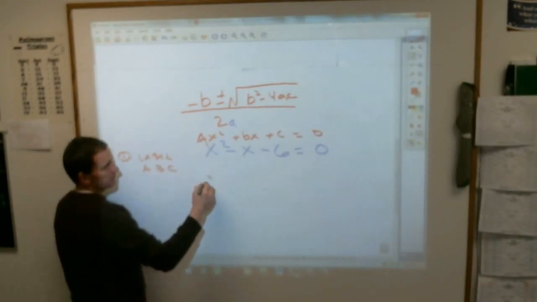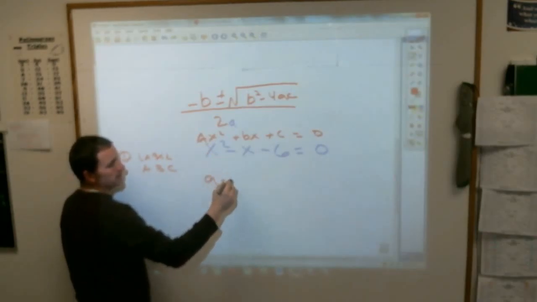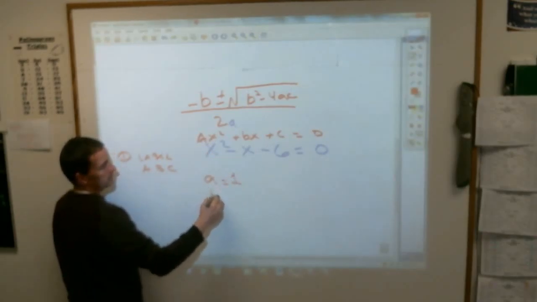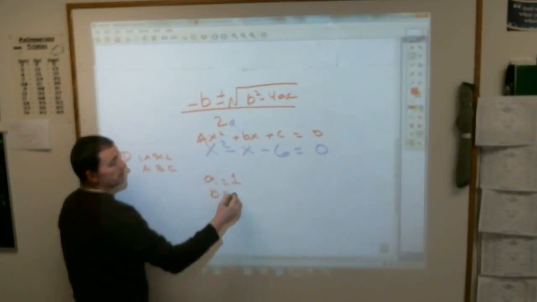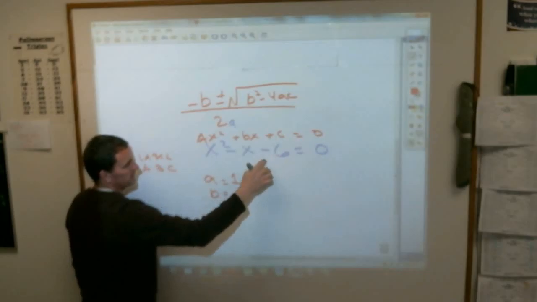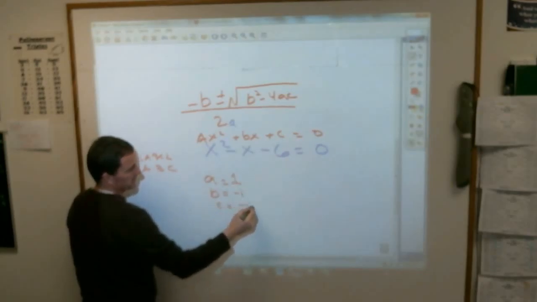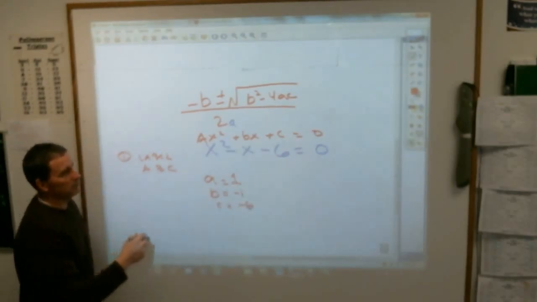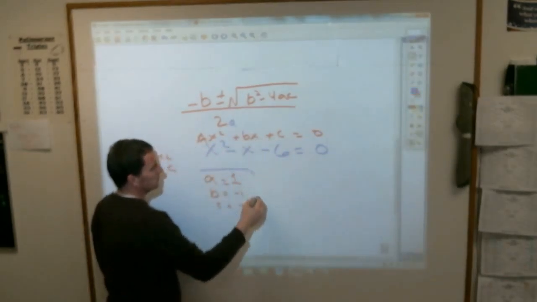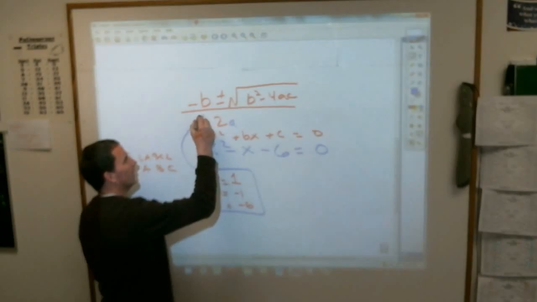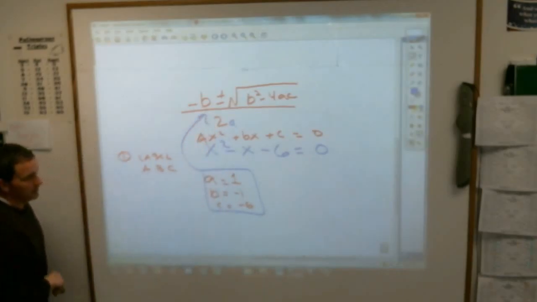What is a? What number is in front of x squared? 1. What number is in front of x? Negative 1. And what number is c? Negative 6. You need to know what those letters are because that is what you are going to substitute into the quadratic equation. And that quadratic equation will solve that.